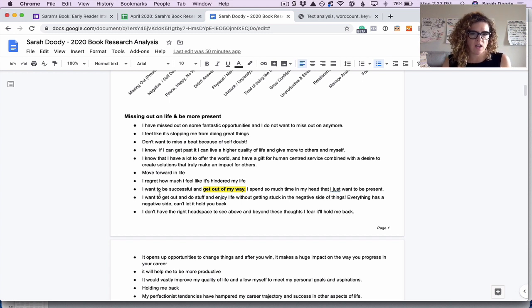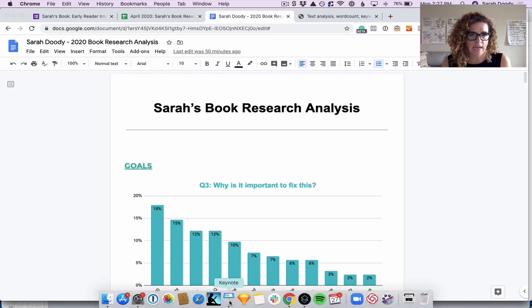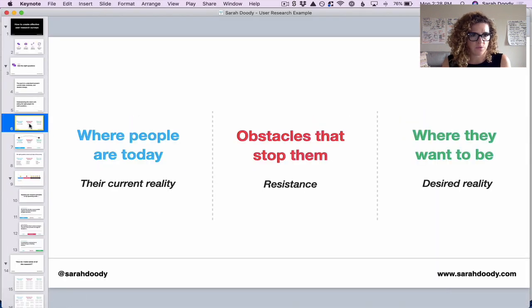So the point of this is to show you how valuable a research survey can be to give you really, really awesome data around these three things: where people are today, where they want to be in the future, and what is stopping them.